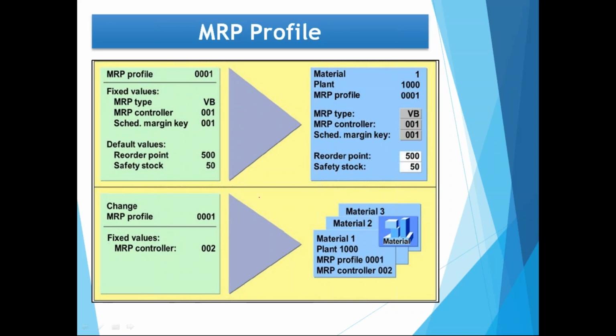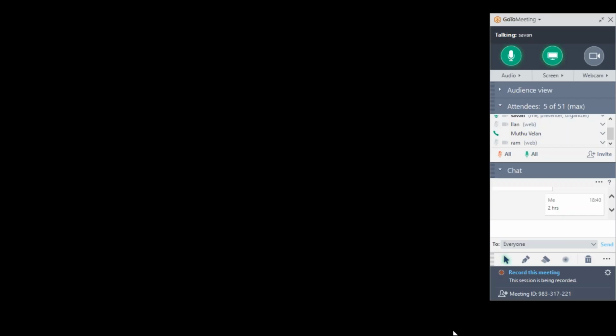I will show you how to create an MRP profile first. So let me go back. Go to logistics, go to production, go to master data, material master. Here you have profile, MRP profile. MMD1, you create this.